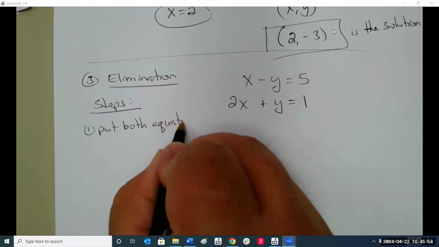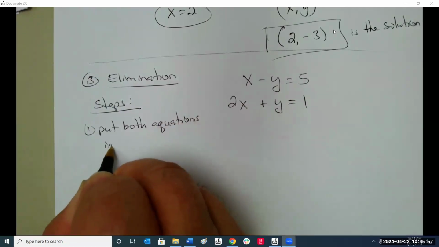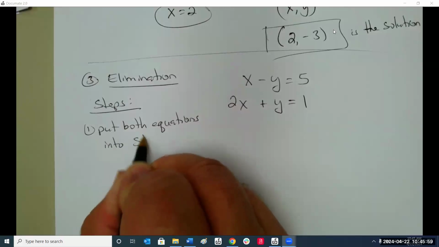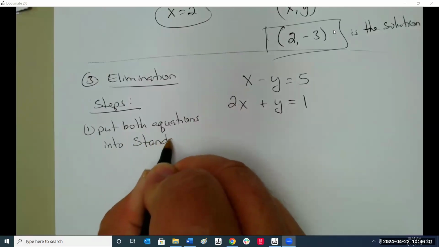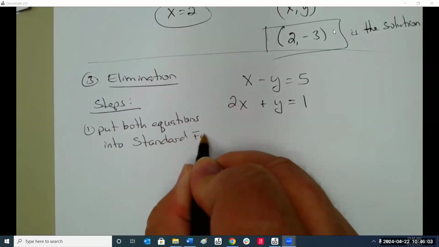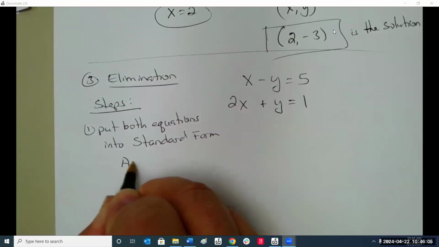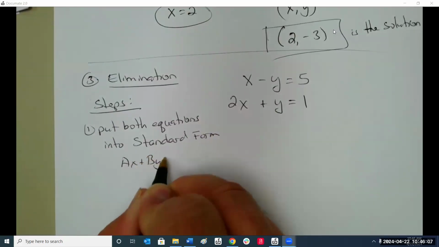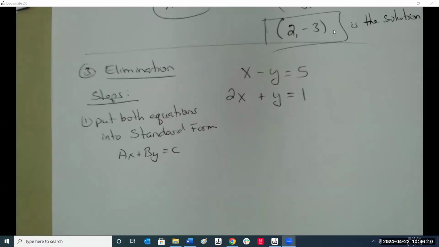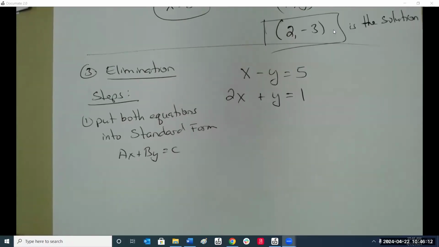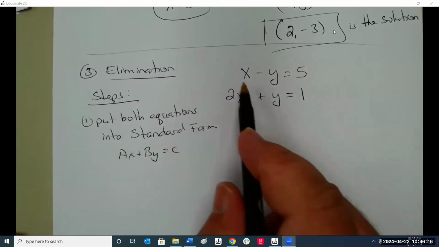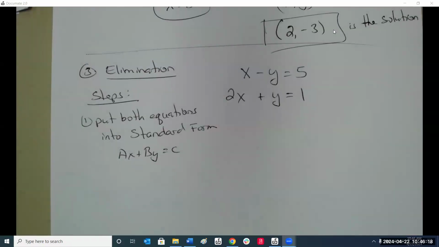Put both equations into standard form, which is ax plus by equals c. And check that x and y are on the same side.